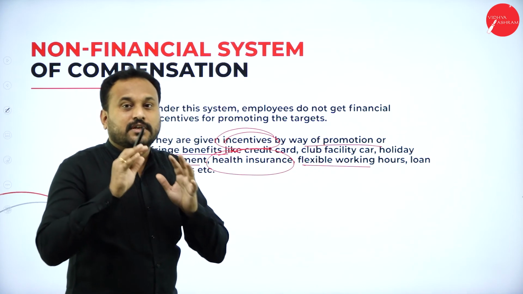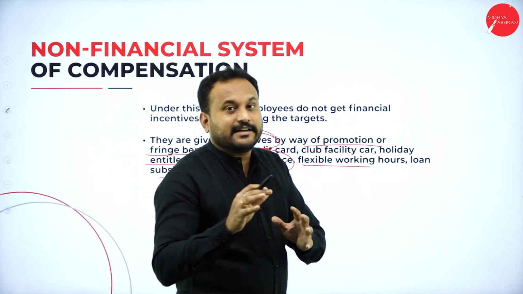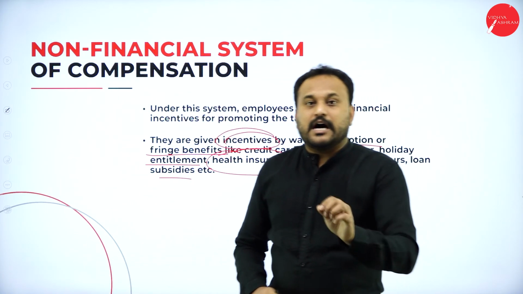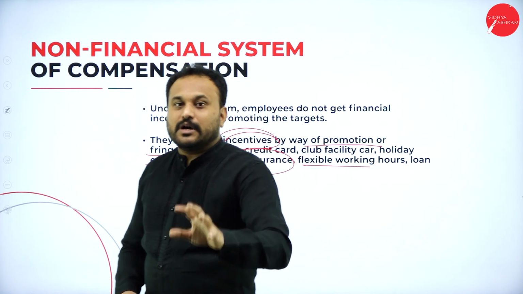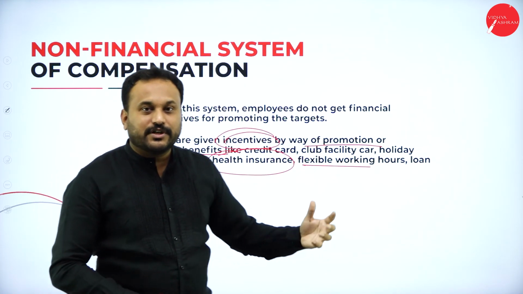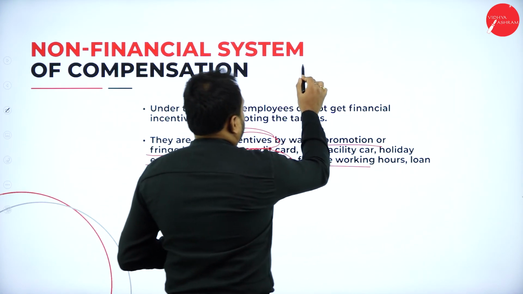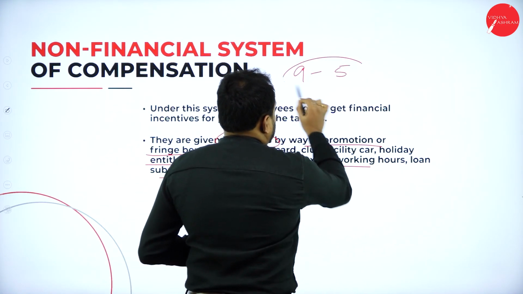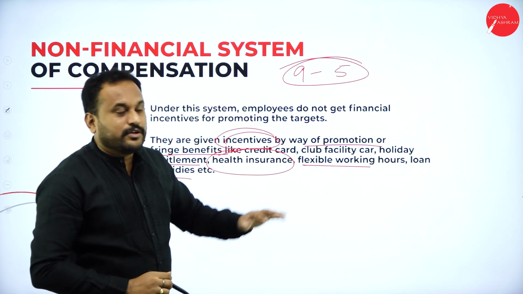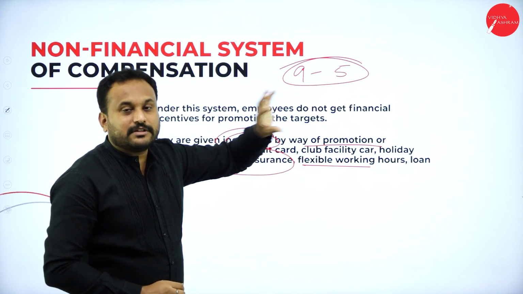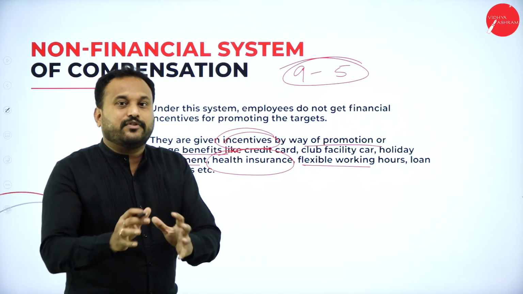Once you have got that recognition that you are a star player, a star performer, what happens here is the flexible working hours. Though you are supposed to work from 9 to 5, there is no rigidity on time.